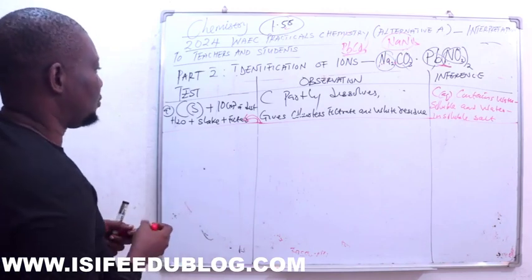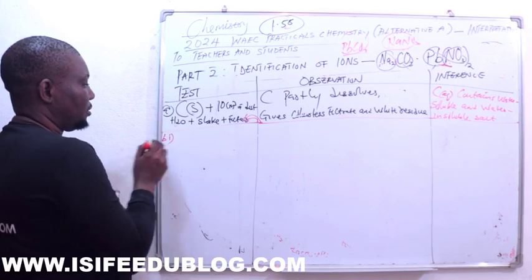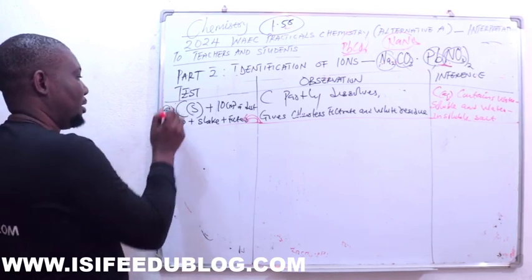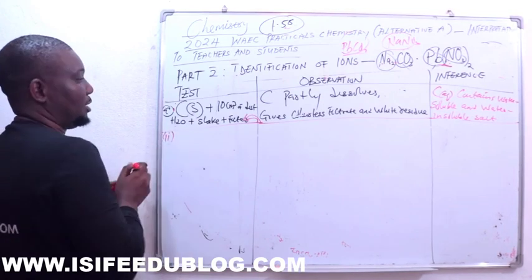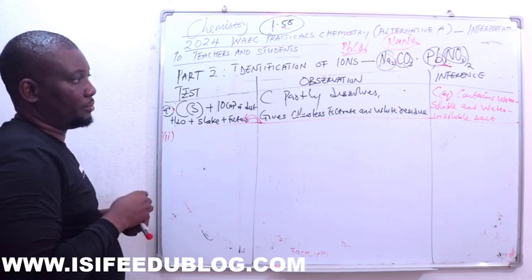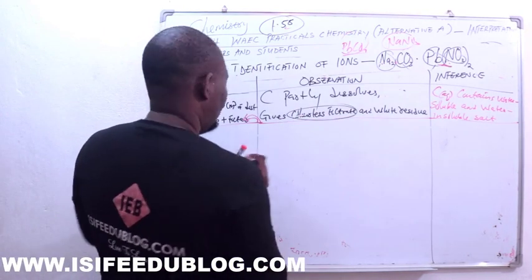Okay, since we have filtered, the next question on B, or maybe this should be A1 this time, will be to the filtrates. So let's work with the filtrate first while we allow the residue to drain out.